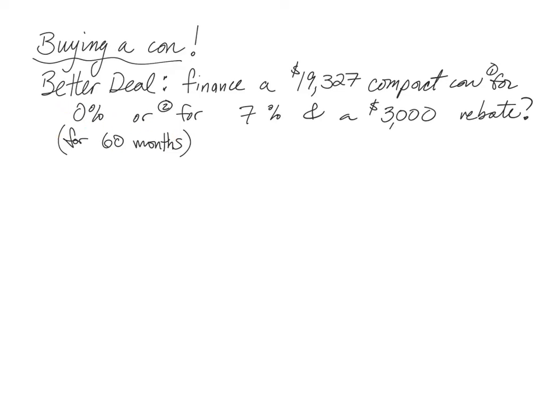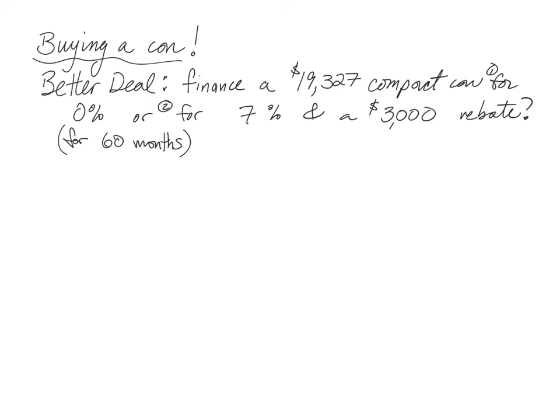Or do you finance that same car for 7% annual interest rate and a $3,000 rebate? And this is something that is very applicable to real life, and you should know which deal would be better.